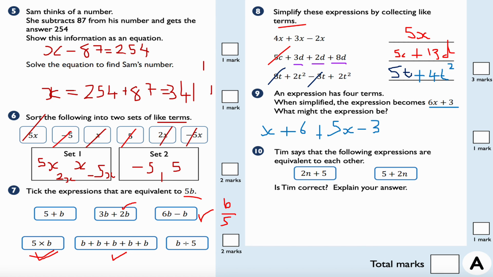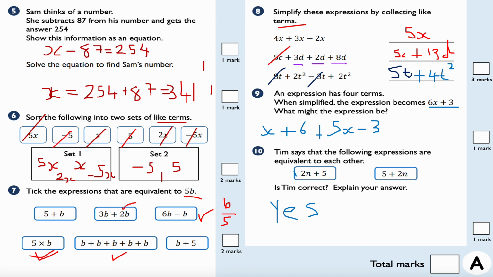Question number 10, guys. Tim says that the following expressions are equivalent to each other. 2n plus 5, 5 plus 2n. Is Tim correct? Explain the answer. So the answer is yes. 2n plus 5 is just the same as writing 5 plus 2n. It's just been rewritten in a different way.